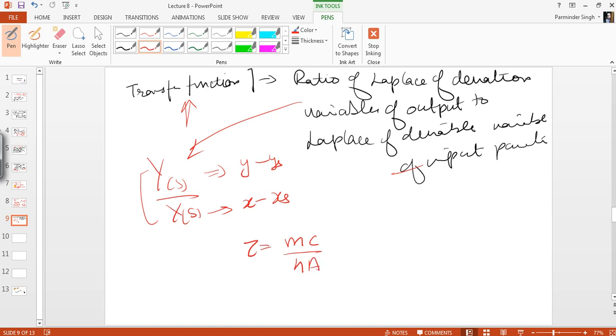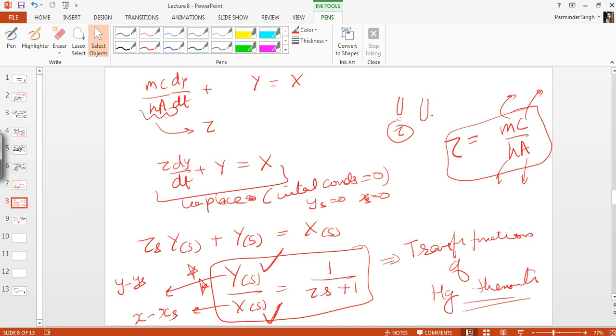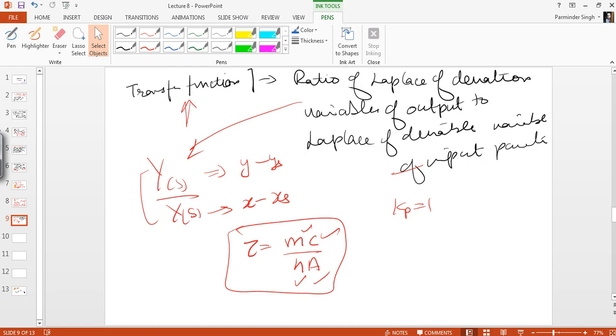So no two thermometers will have same time constant because of these values. Clear? And further, the gain is 1 in this case, because if you compare this with the standard form, Kp upon tau s plus 1, so Kp steady state gain for thermometer is considered as 1.